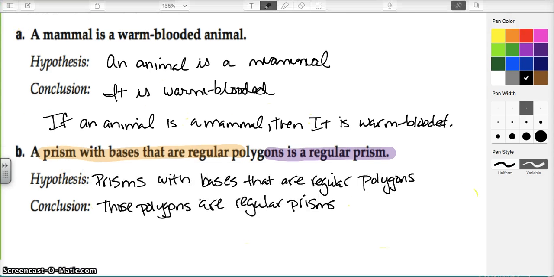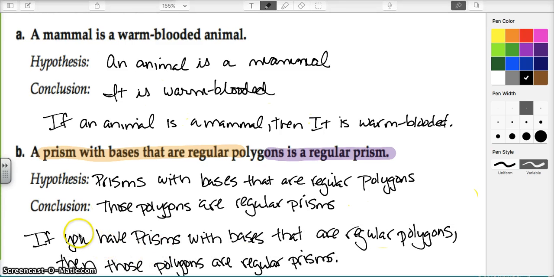I've changed it a little bit, but I would write it: if you have prisms with bases that are regular polygons, then those prisms are regular prisms. Blah, I said it. Let me write it. Boom. All right, my friends, it is written.